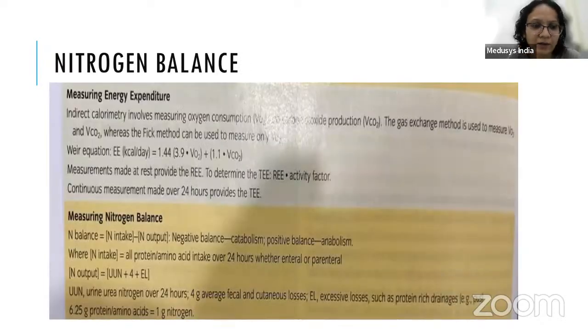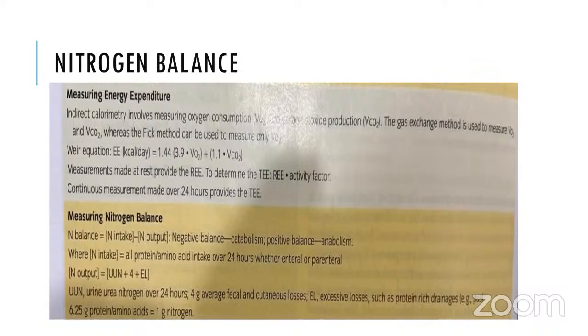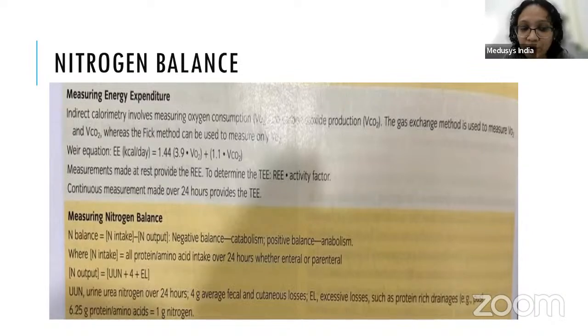Basically nitrogen, can you see the yellow one downwards? Yes, ma'am. Nitrogen balance is equal to nitrogen intake minus nitrogen output. We all know that negative balance signifies catabolism, and positive balance signifies anabolism.